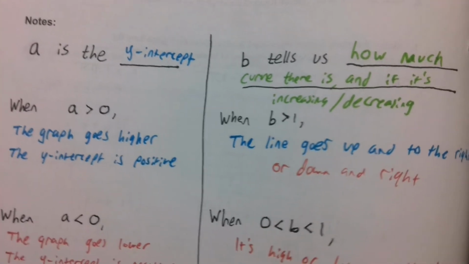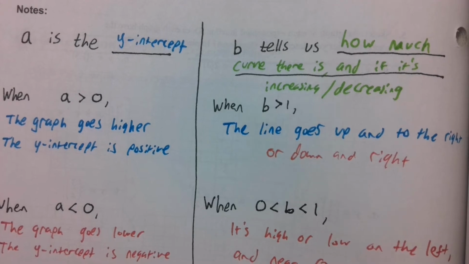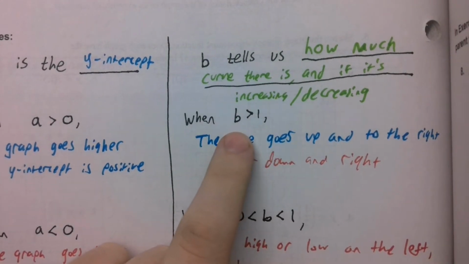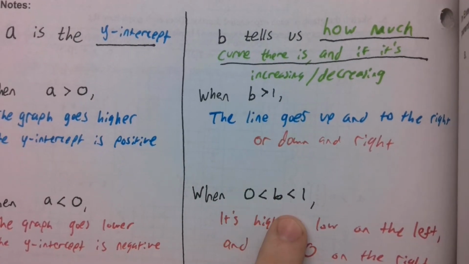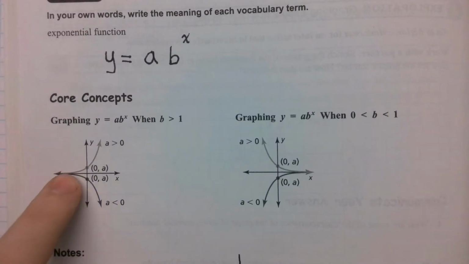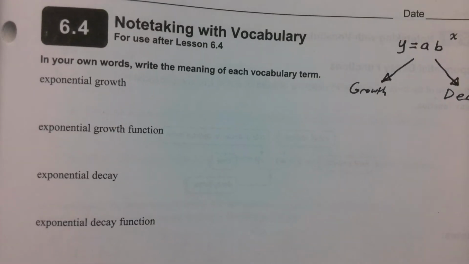So we said that the b tells us how much the curve there is and whether it's increasing or decreasing. We mentioned that growth happens when b is bigger than 1, and decay happens when b is in between 0 and 1. That's why we have these graphs up here. These are graphs of growth on the right. Let's focus in on growth just a little bit. Focusing in on exponential growth.